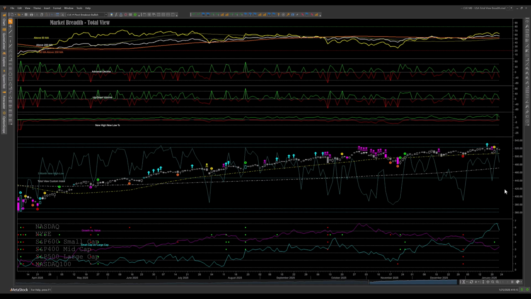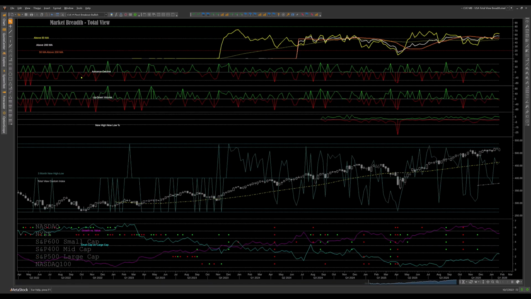To see that, let's change from this daily interval to the weekly interval. And now look at advanced decline and up-down volume in the weekly interval, specifically the sizable bearish divergences they are creating while price is continuing to go up.